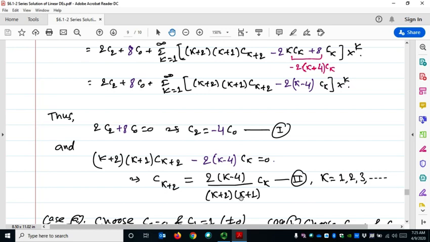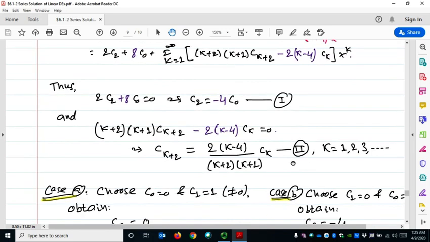Yeah, so now let's compute the values of the ck's from equations 1 and 2. Again, we have two choices here. One option is we pick c0 is 0, c1 is 1.